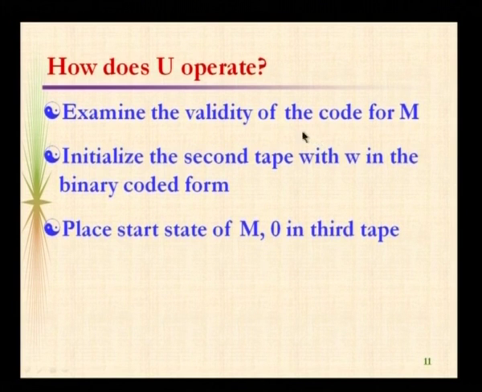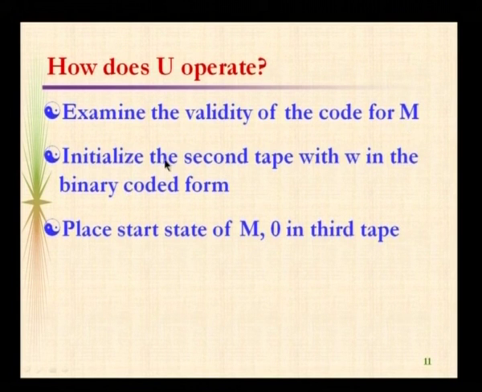So the string must be of the form 0 power i, 1, 0 power j, 1, 0 power k, 1, 0 power l, 1, 0 power m. If you are able to find consecutive codes of this format, then we can say the Turing machine code is a valid Turing machine. And if the Turing machine code itself is not valid, then we can immediately claim that the language of the Turing machine is empty.